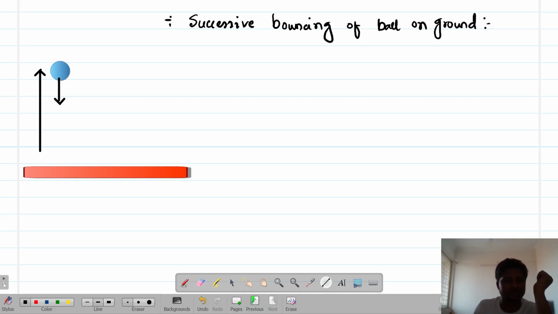The concept was this is height h. This is my ground, which I denote as B. Its speed is always 0. How much is its speed? 0. So let's say this is ball A, which is going down.